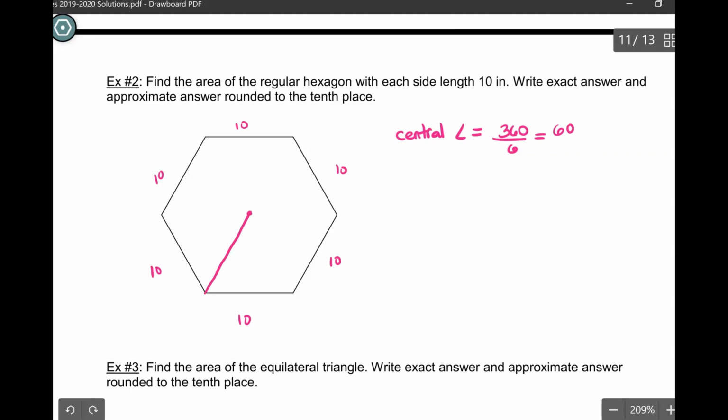That means, if this is 60 and this is isosceles in a hexagon, this actually ends up being an equilateral triangle. Now, if this is 60, when I draw the apothem, that divides it into 30 and 30.